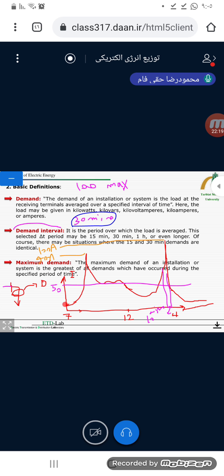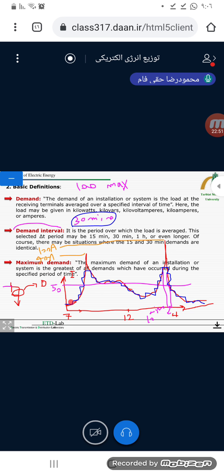Please see, the average is converted here, here, here, here, here, and others. We average the load curve in 30 minutes, okay?